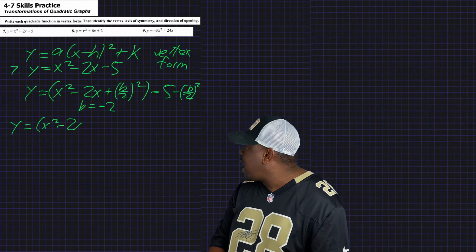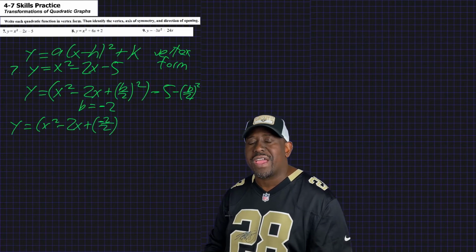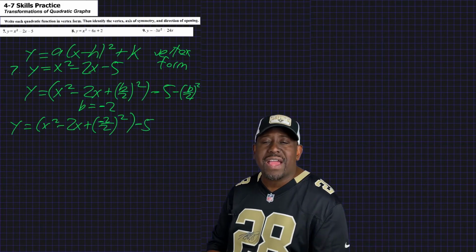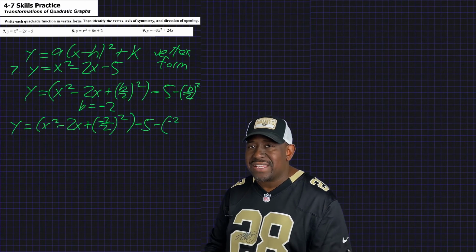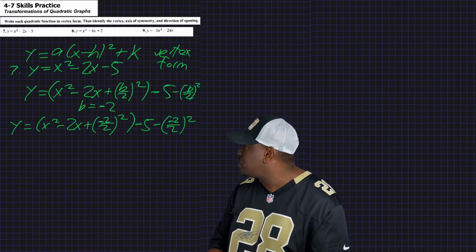Next to the negative 5, we will subtract b over 2 squared, because since we added b over 2 squared, we have to subtract b over 2 squared on the right side of the negative 5 to counteract the one we added. B in the problem is negative 2, so we substitute that into the formula.